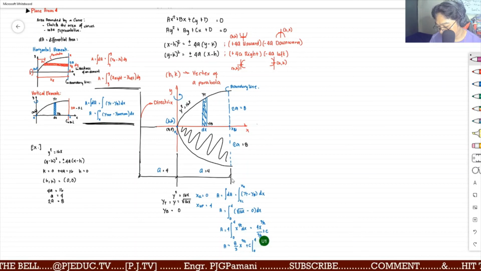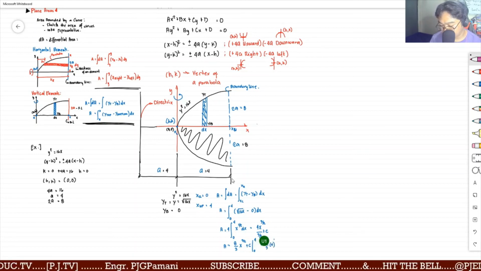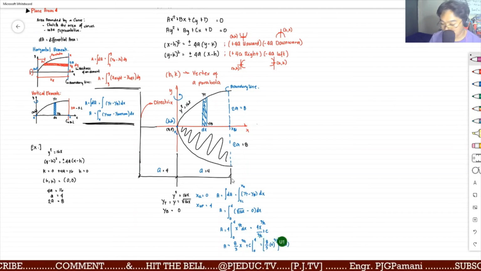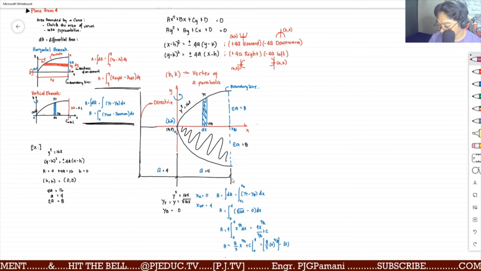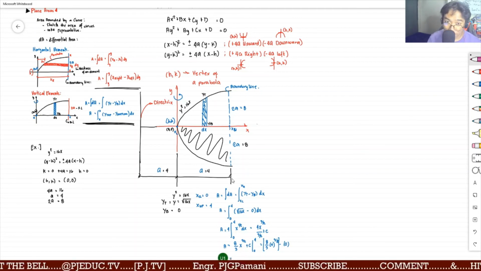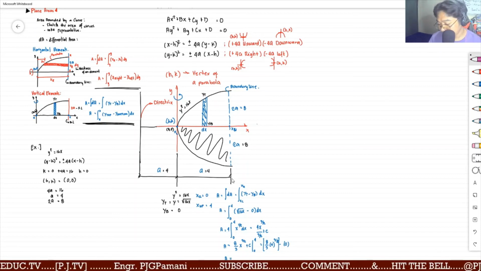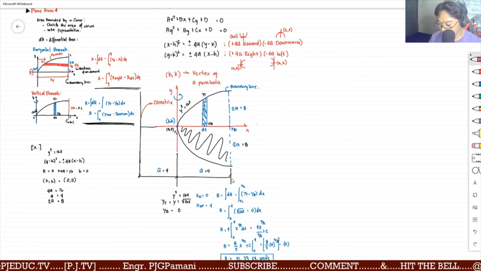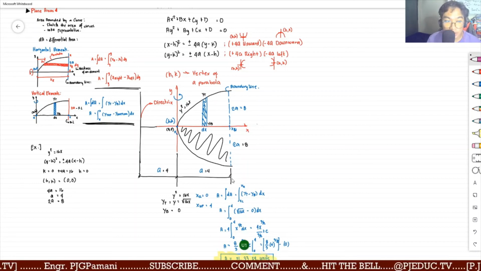That is 8 over 3 of 4 raised to 3 halves minus 0. Basically, 0 na yung next term. So, area of the parabolic curve or area bounded by the curve using a vertical element is equal to 21.33 square units. Okay? So, yun ay answer natin if we are going to use a vertical strip.